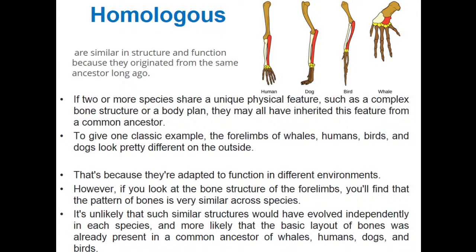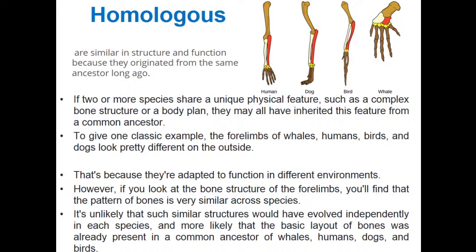If two or more species share a unique physical feature, such as a complex bone structure or a body plan, they may all have inherited this feature from a common ancestor.